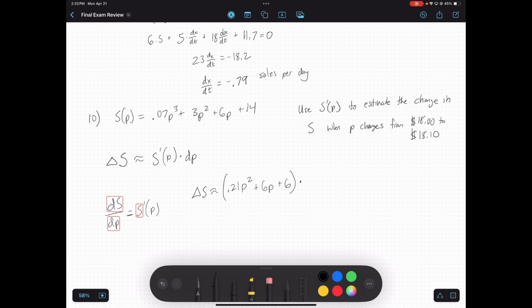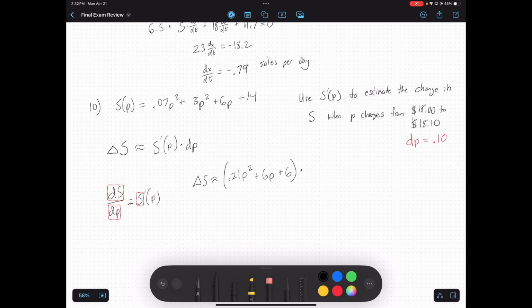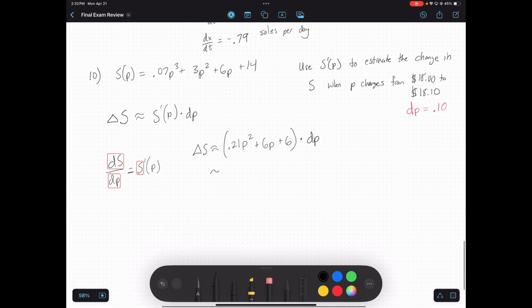P, we're talking about price. dP is the change in price. So how much did the price change? 10 cents. We're going from $18 to $18.10. So in our case, dP is equal to 0.10, 0.1. That's what I'll plug in right there. What about P? What do I actually plug in for P?